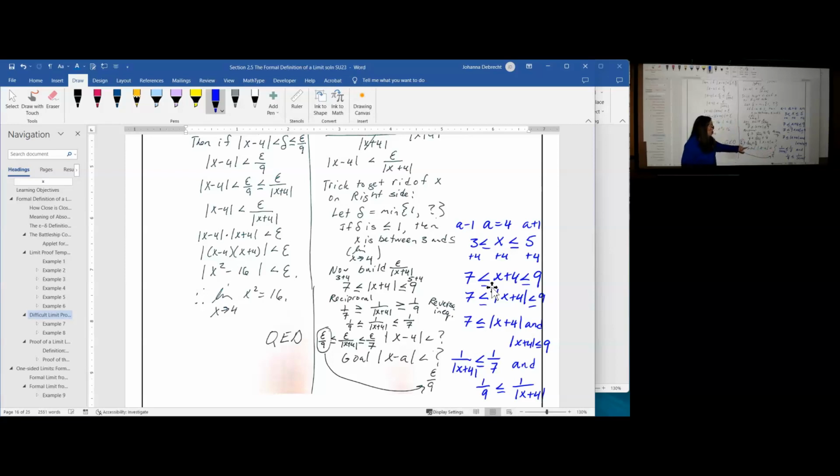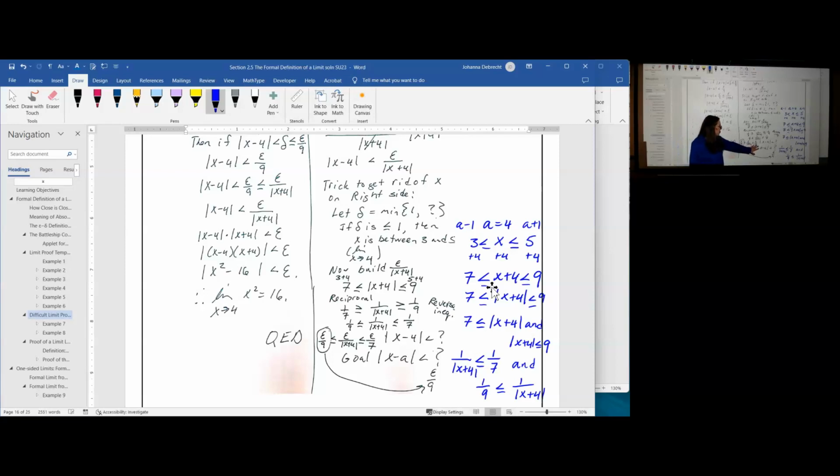Why? I know epsilon over magnitude x plus 4 is greater than or equal to that. And I know this epsilon over x plus 4 is strictly greater than my x minus 4 up here. So that means I can replace this epsilon over x plus 4 with epsilon over 9.